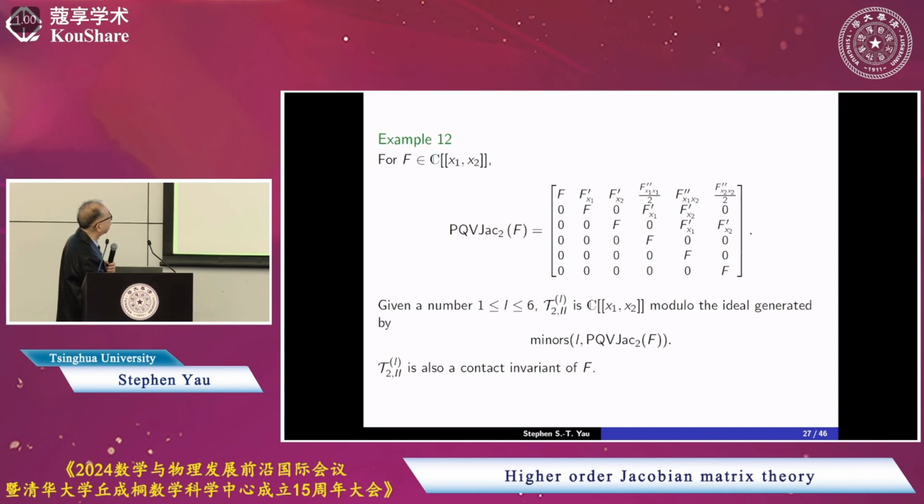You look at the P quasi vector Jacobian. Then for any L between 1 and 6, you can look at the L by L minors of this matrix, and taking the quotient by that you get a type 2 generalized Tjurina number. So you have a lot of invariants associated with this.